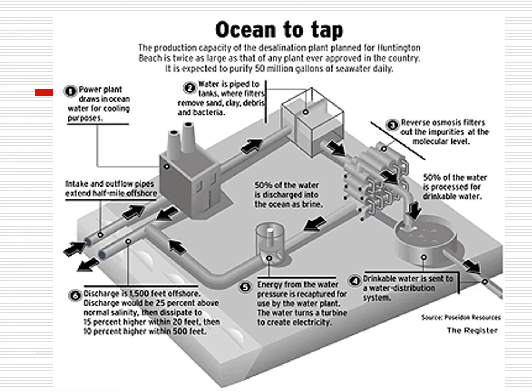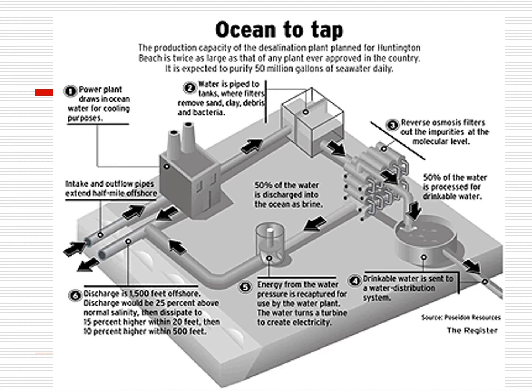So the water is drawn in from the ocean for the cooling purposes first, then it is piped into tanks where the filters are there to remove any particles, sand, clay, debris, and bacteria. Then it goes through a reverse osmosis filter and takes out the salt at a molecular level. In this process, 50% of the water is processed for drinkable water.